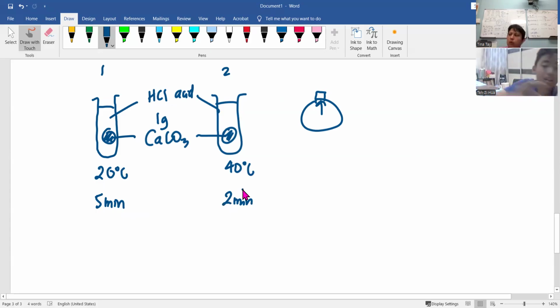Okay, so what is the factor that affects the rate of reaction here? Temperature. Correct. So there are 5 factors that affect the rate of reaction.